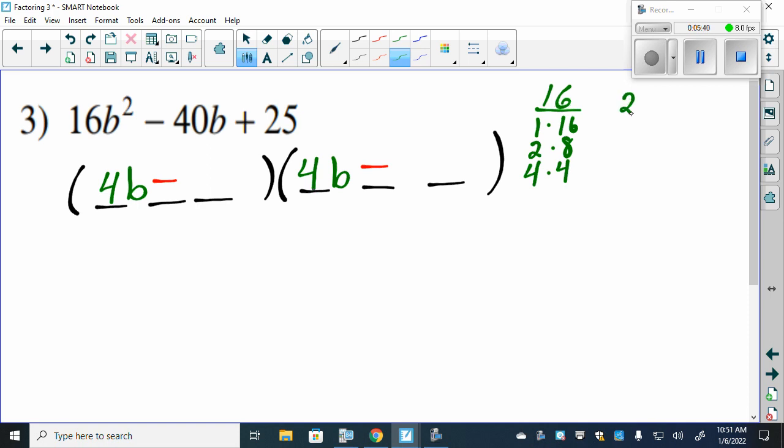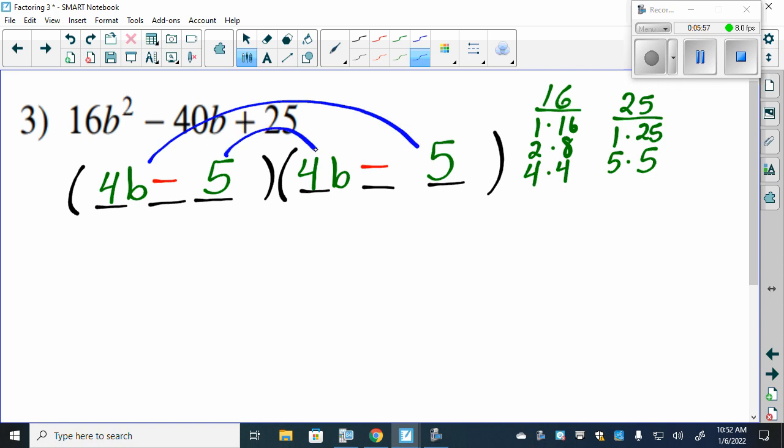Now if we look at the factors of 25, we have 1 times 25 and 5 and 5. So most likely we're going to use 5 and 5. And again, if we were to check this, 4b times negative 5 is negative 20b.